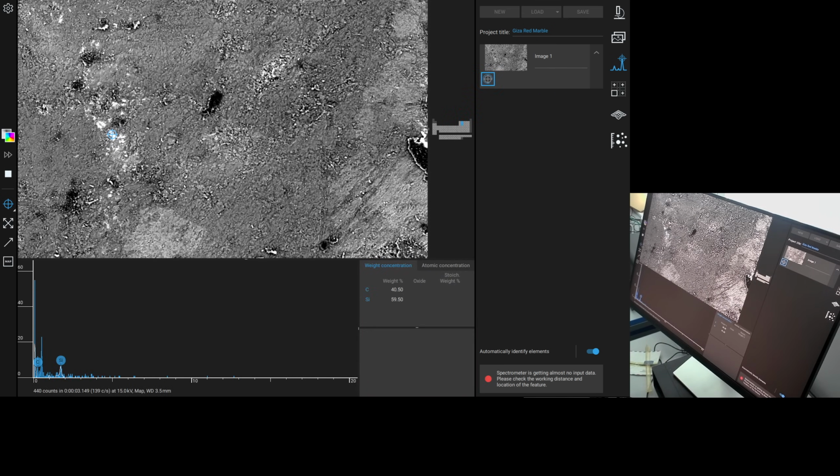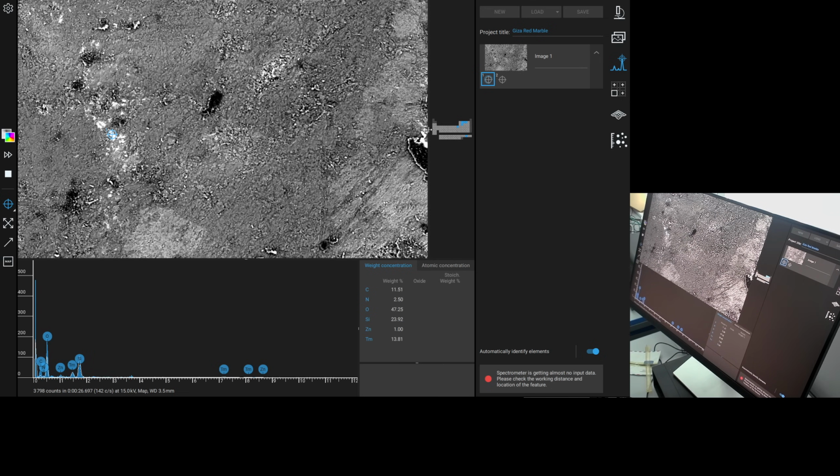The mid-grey areas, the dark areas, when it lets me. Struggling a bit because it's a little bit close. Might have to look at the edges to see what those elements are.